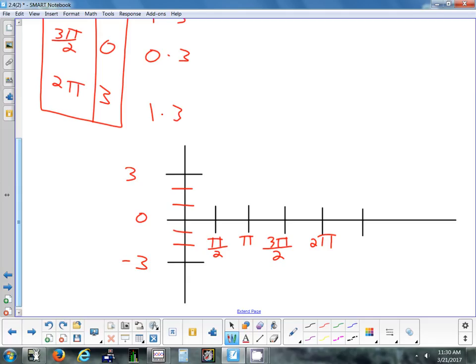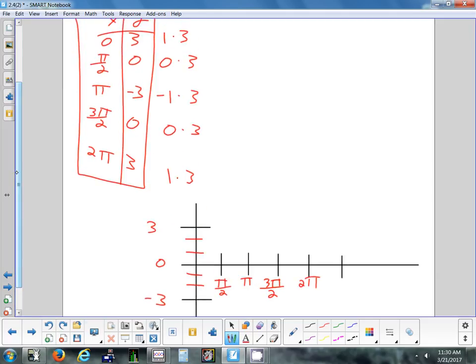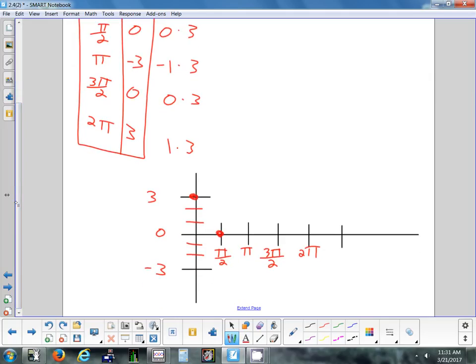Okay, now just take your points and graph them. So we've got 0, 3. We've got pi over 2, 0. Pi is at -3. And then we're back at 0 and back to 3. Right, so that's typically how a cosine function looks.